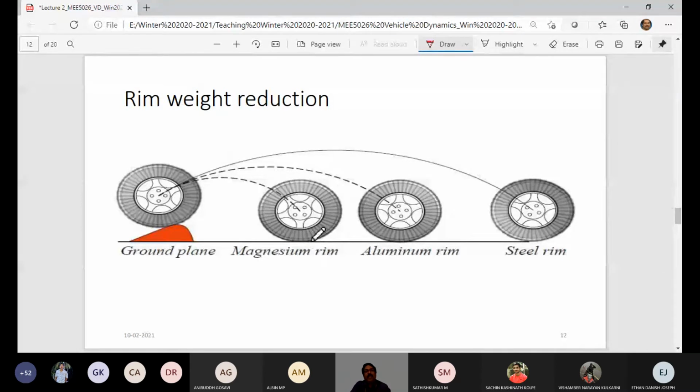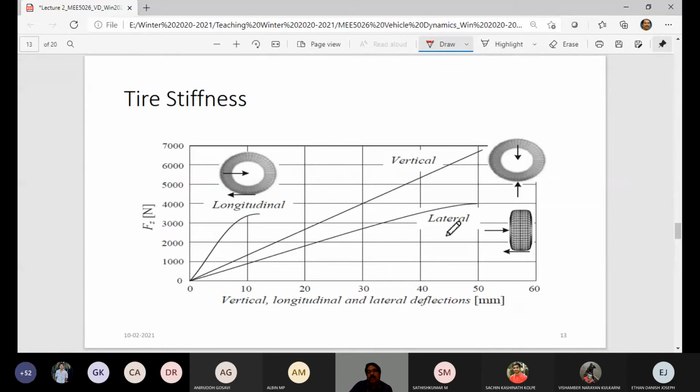And something on tire stiffness, very important. We are going to use these stiffness values extensively as you derive expressions and solve some problems. So the stiffnesses are three. One is called the longitudinal stiffness of the tire, the vertical stiffness of the tire, and the lateral stiffness of the tire. So how are they calculated for the tire? If this is a stationary tire, it's loaded, and then the tire will be pulled like this.